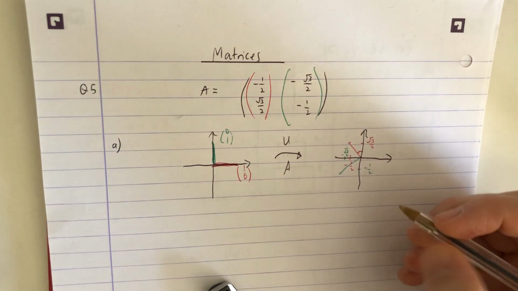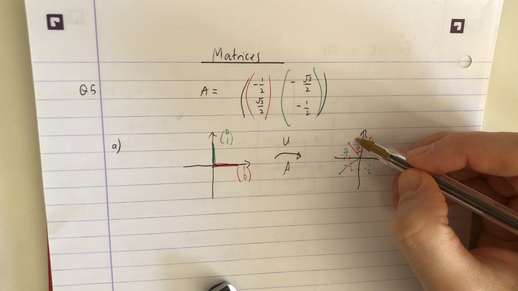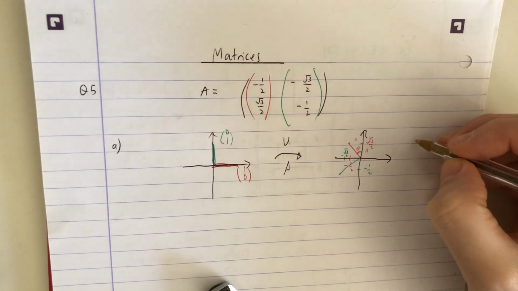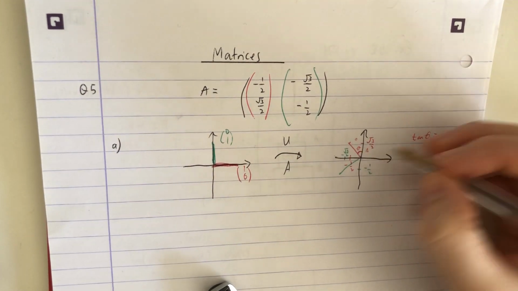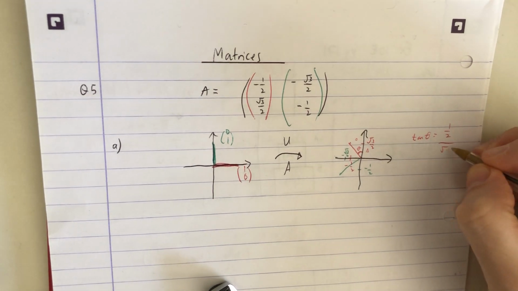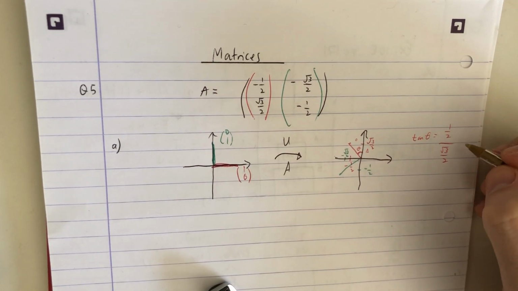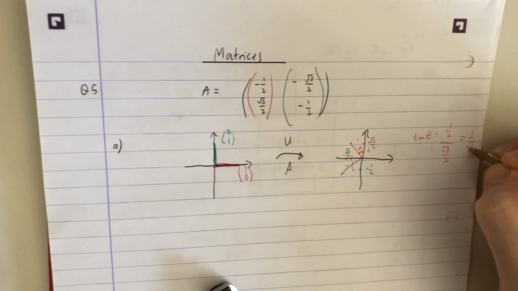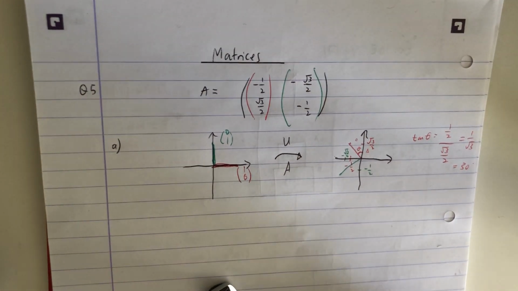that there, if that's theta, that's opposite, that's adjacent, tan theta, opposite would be a half, adjacent's root 3 over 2, 1 over root 3, which is 30 degrees, so that angle there is 30 degrees.